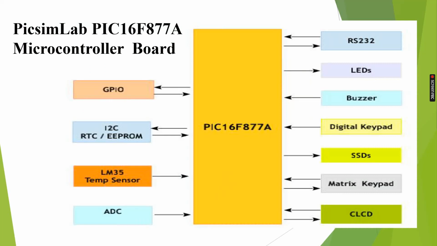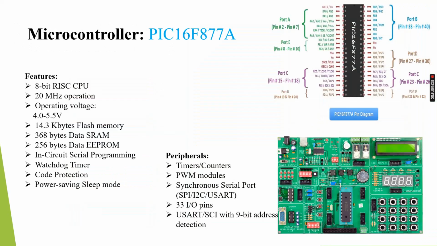The microcontroller we are using in our project is the PIC 16F877A microcontroller board, for which we can interface a lot of peripherals like GPIOs, real-time clocks, memories, temperature sensors, analog to digital converters, LEDs, buzzers, digital keypads, matrix keypads, CLCDs, like this. Many kinds of peripherals can be interfaced to this microcontroller.